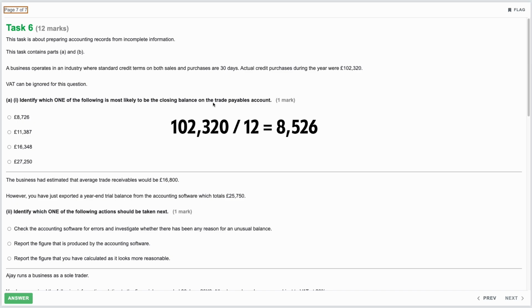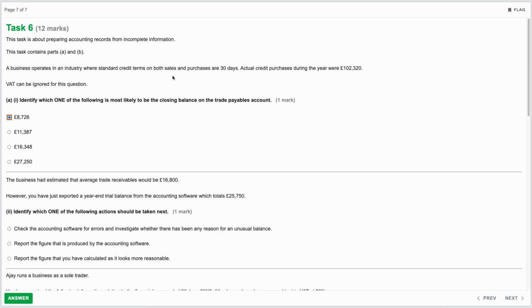So we need to identify which one is the most likely. Well, given that 1 month of our credit purchases would be approximately 8,526, obviously they will differ a little bit between months, but the closest one there would be 8,726. So the most likely, based upon 30 days credit term, would be 8,726.